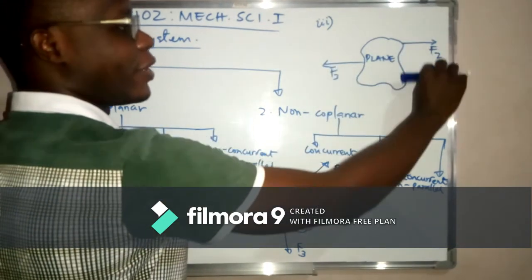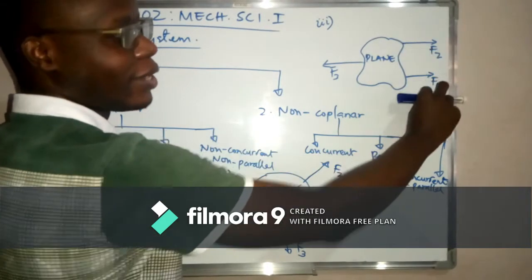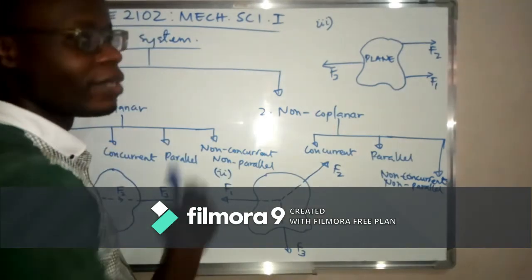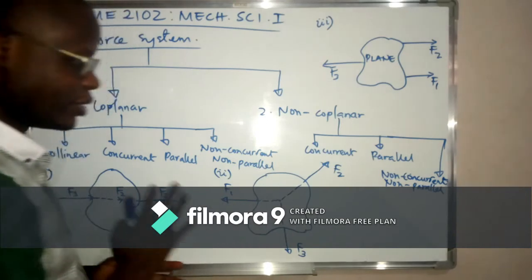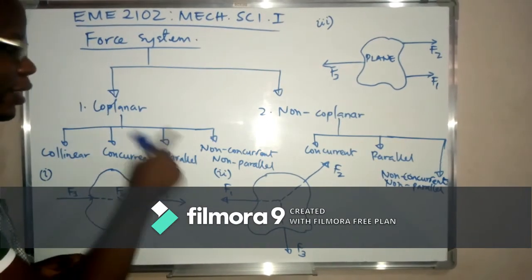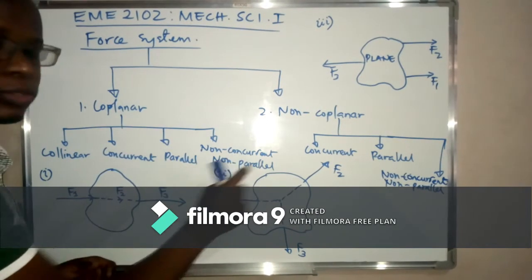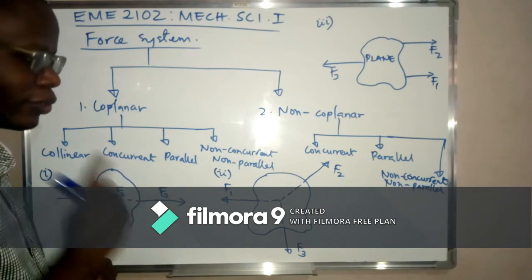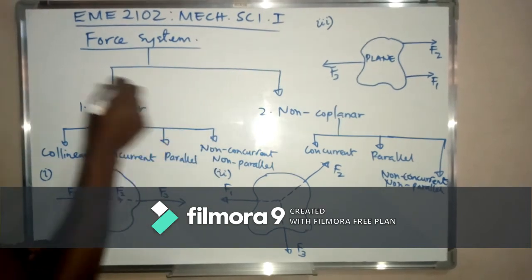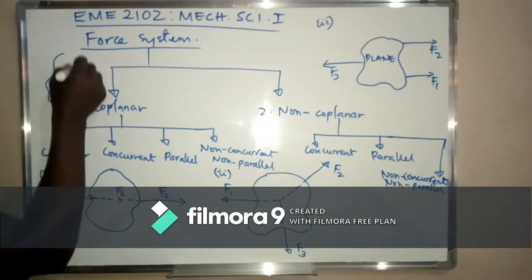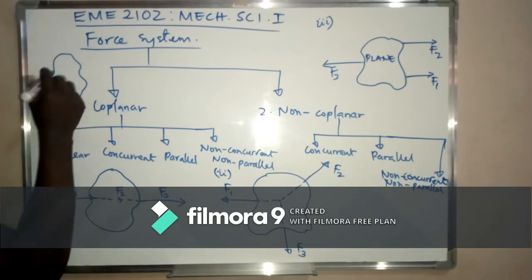Let's take F1 and F2. F1 and F2 are acting parallel to each other, but still they are acting on the same plane. When you look at coplanar non-concurrent, these are forces that do not meet anywhere. So if I have a body, then this is a plane.